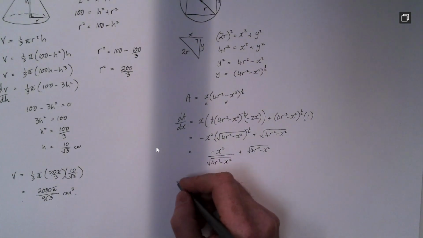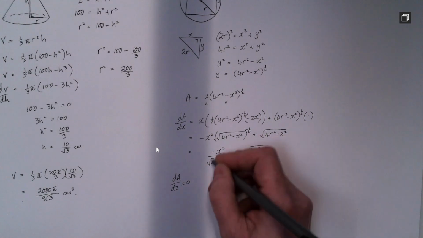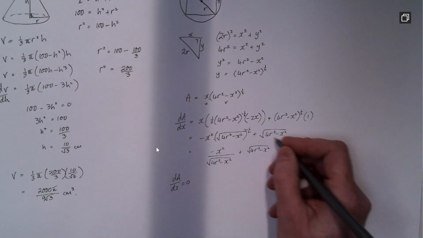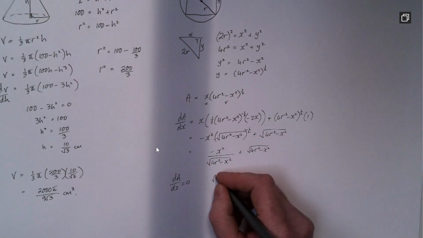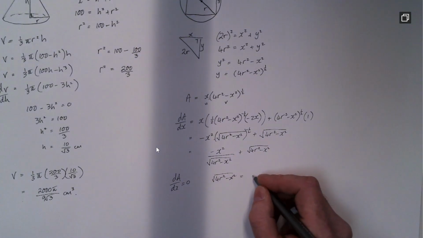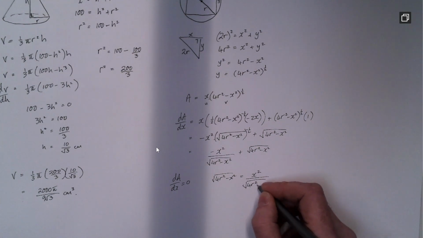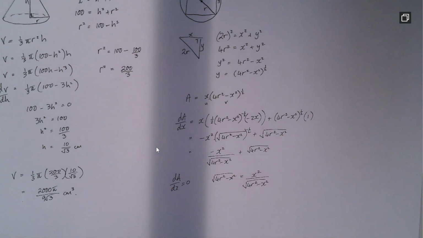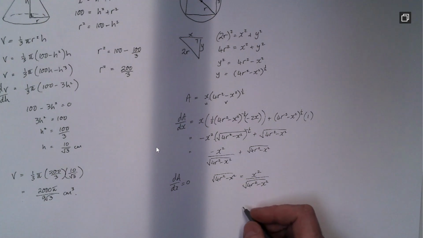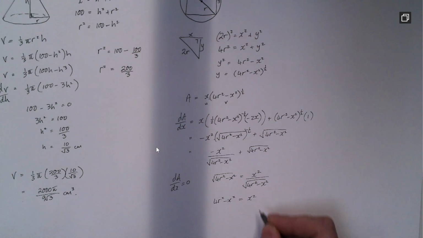So the numerator equals 0, so the square root of 4r squared minus x squared, times the square root of 4r squared minus x squared, equals x squared. Therefore 4r squared minus x squared equals x squared.